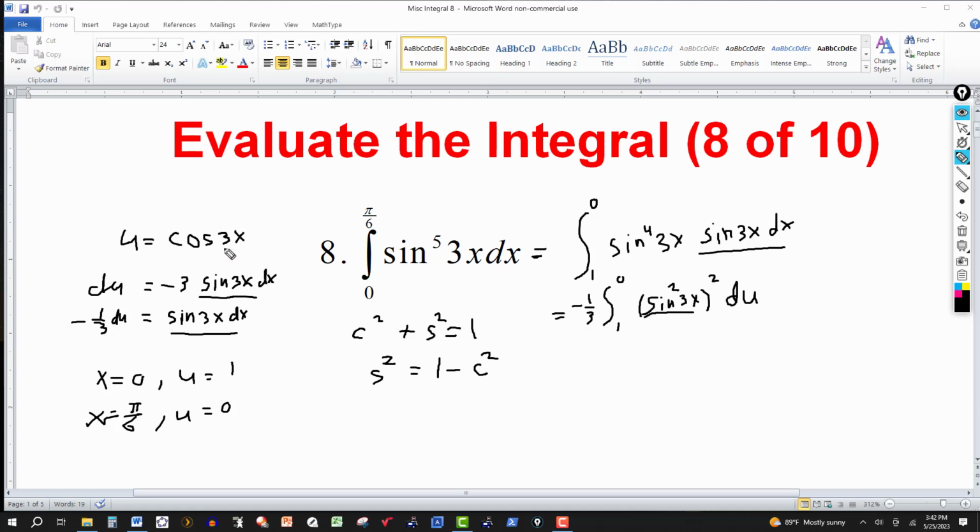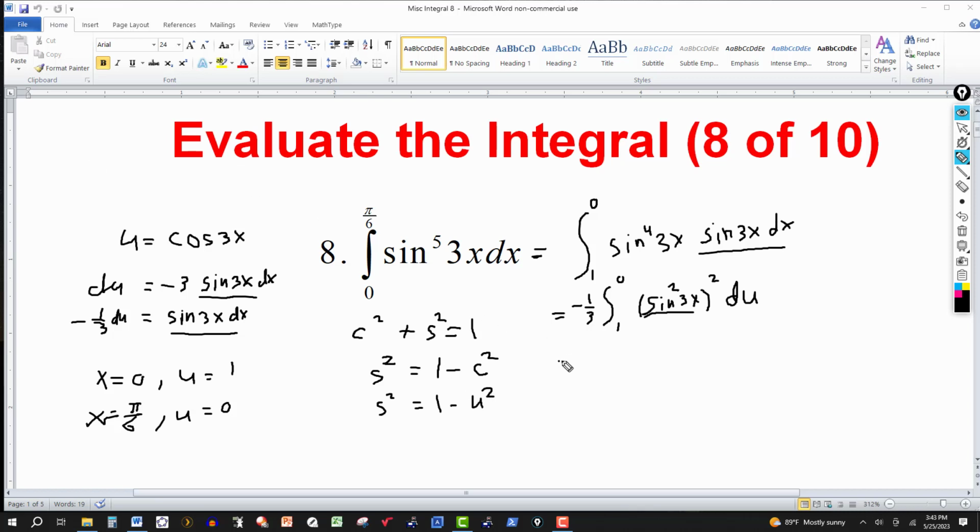But we know in a substitution, cosine is equal to u. So I can replace the sine squared by 1 minus cosine, which is u, of 3x, quantity squared.